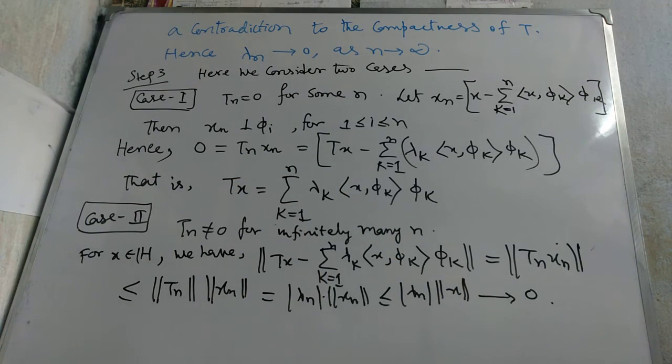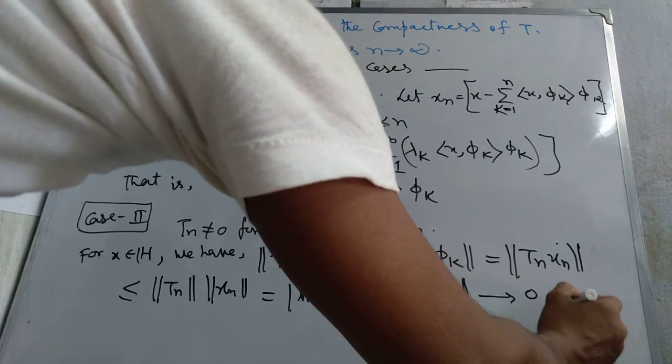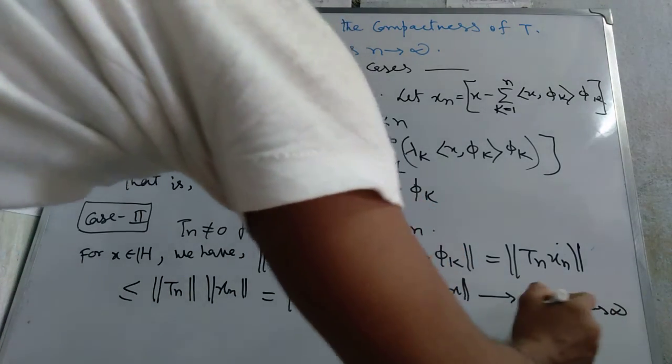Since lambda n tends to 0, this obviously tends to 0 as n tends to infinity.